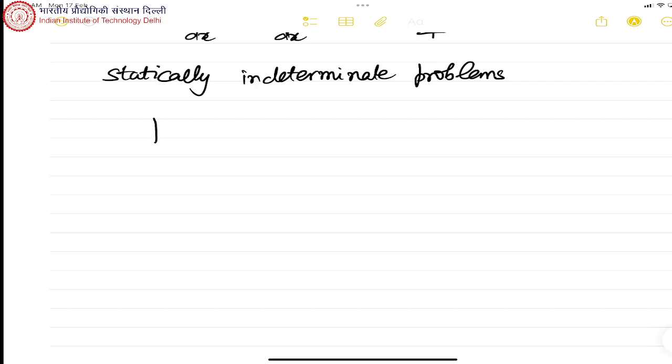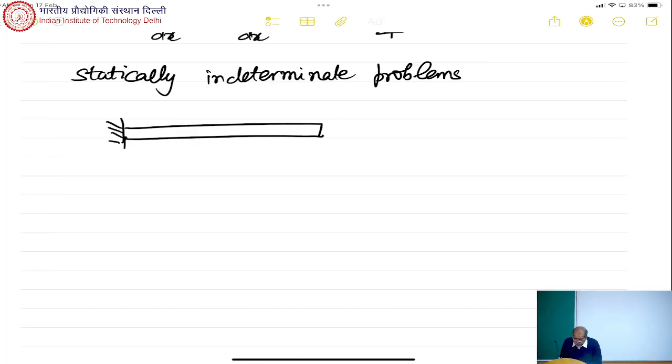Suppose we have a problem like this. A fixed end beam which is on a support like this. So this is a statically indeterminate problem. Why?